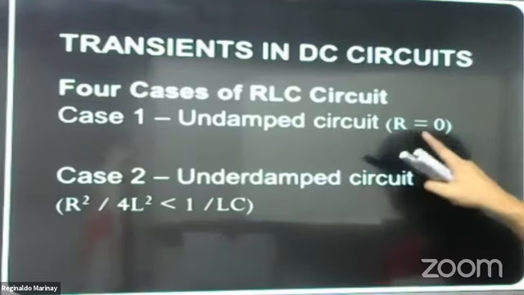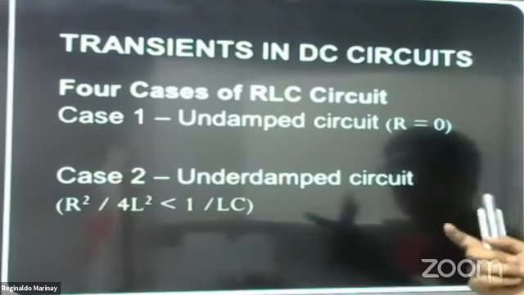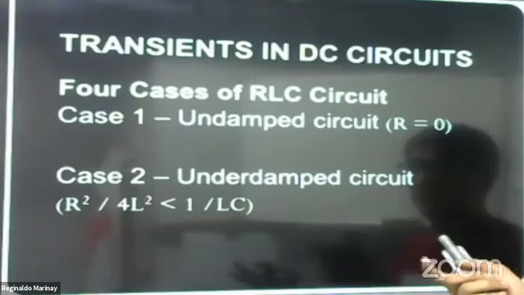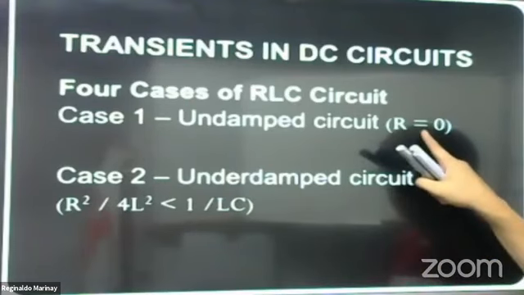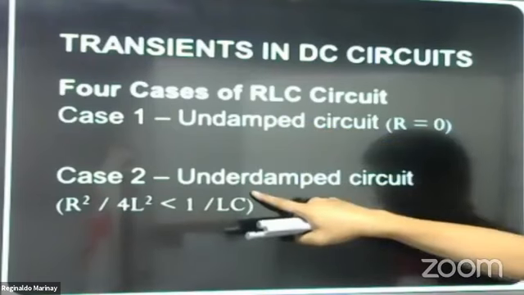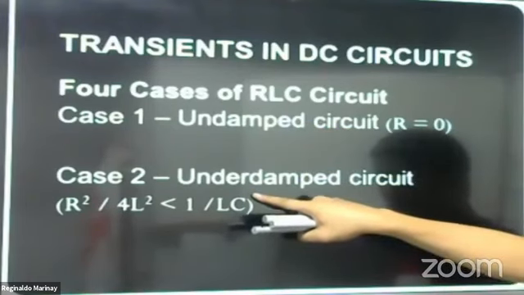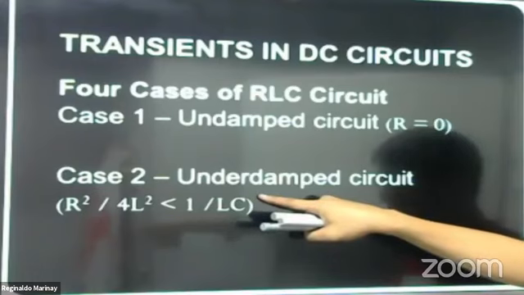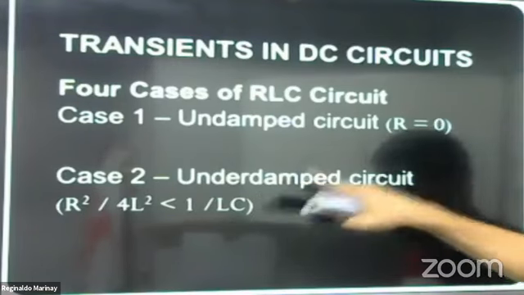If the resistance is 0 in a DC RLC circuit, therefore the circuit is: letter A, undamped, letter B, underdamped, letter C, overdamped, letter D, none. So what is our answer?